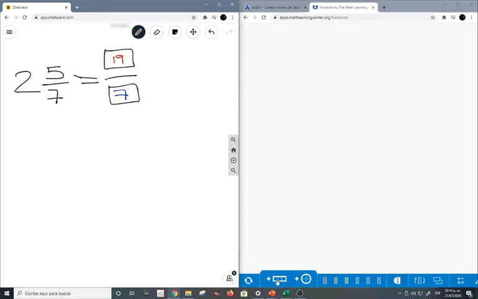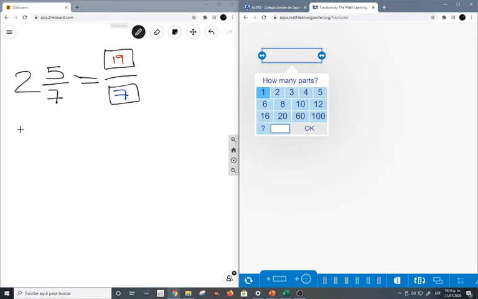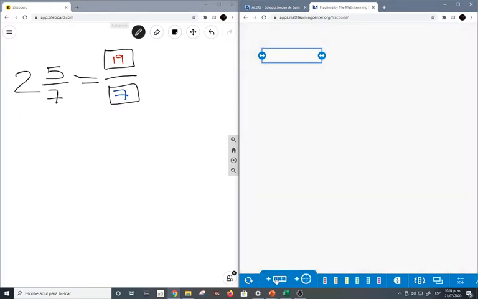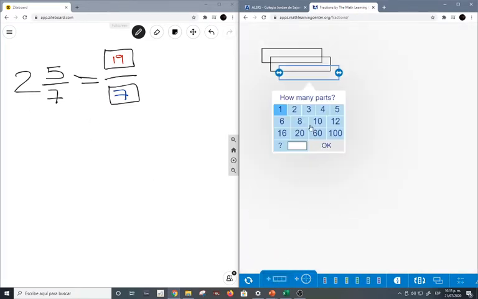Okay, so I am here in this application, which is called Fractions by the Math Learning Center. You can have a link in the Tools tab of our website. So I am going to represent two complete units and 5 sevenths.